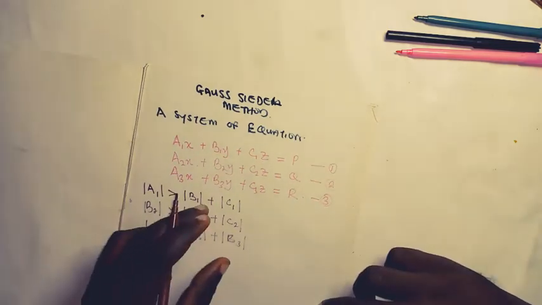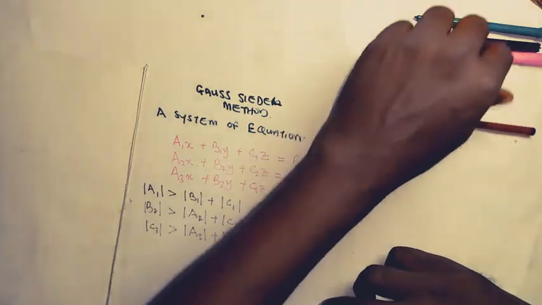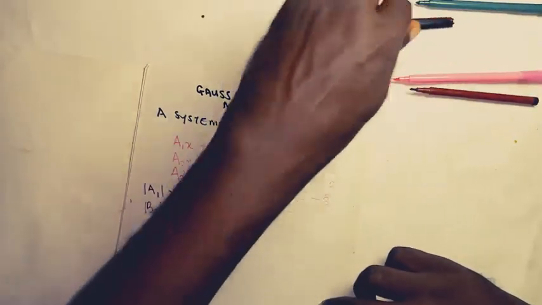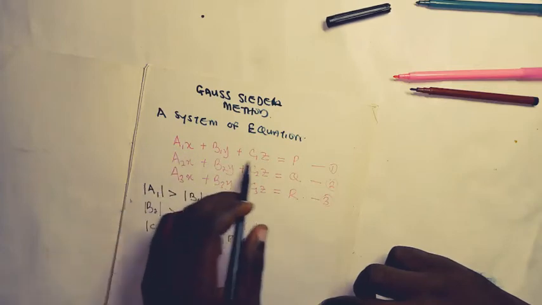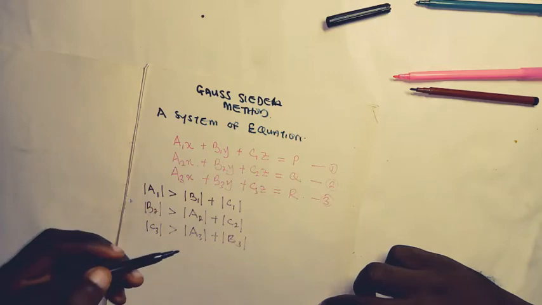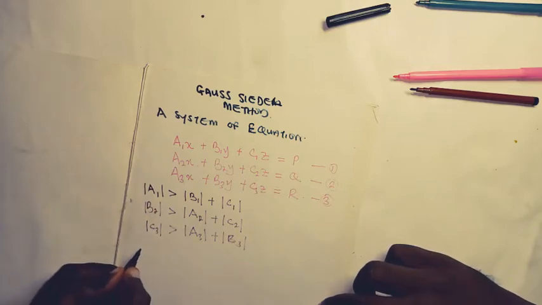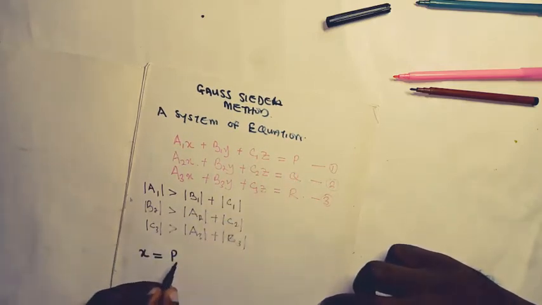So when we check this and it is true, then we can proceed to the iterations, which will give us the solution to each of these variables. For equation 1, to solve for x, we'll say x will be equal to p, using equation 1.